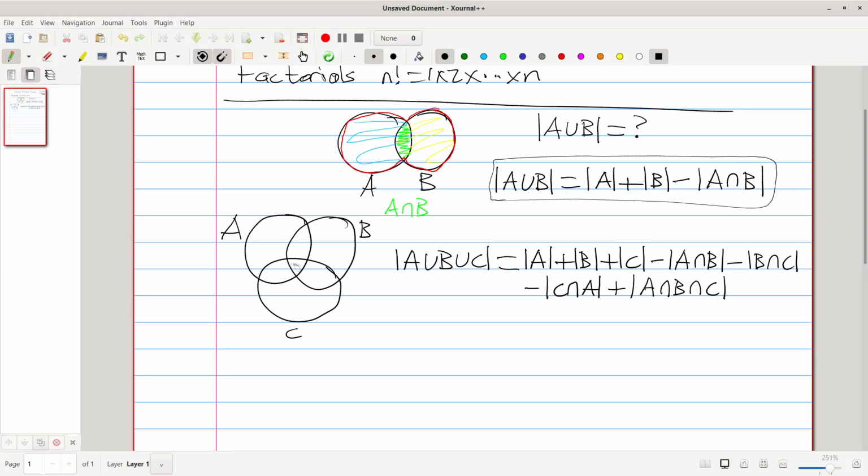So from this example, you should be able to see more clearly how the inclusion-exclusion formula works.